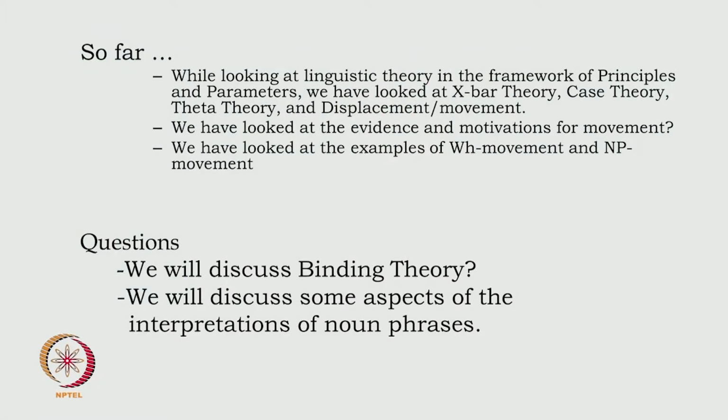While looking at linguistic theory, we have been looking at several things. First we looked at empirical facts of language in terms of its structure at the level of sounds, words and sentences.